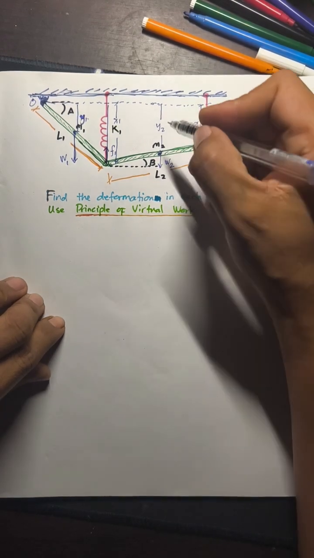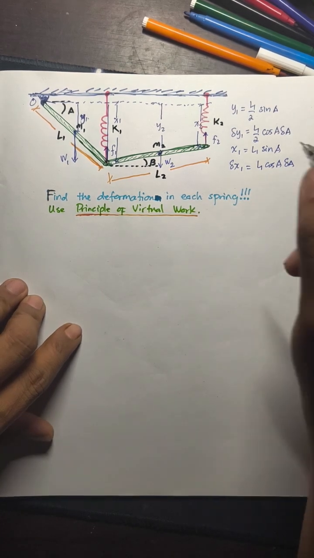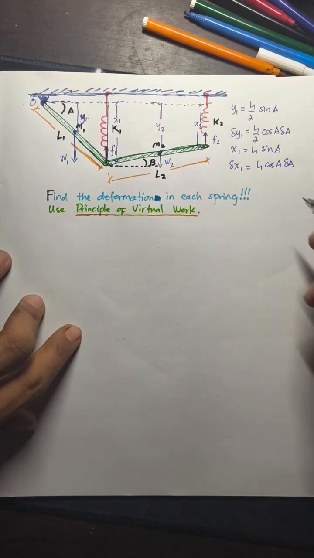How about y2? Notice that, where do I put y2? I'll just put y2 here.